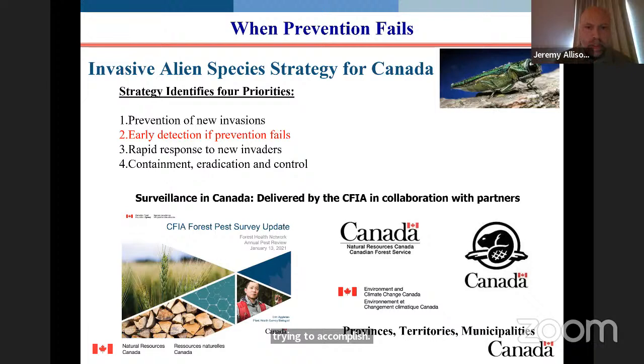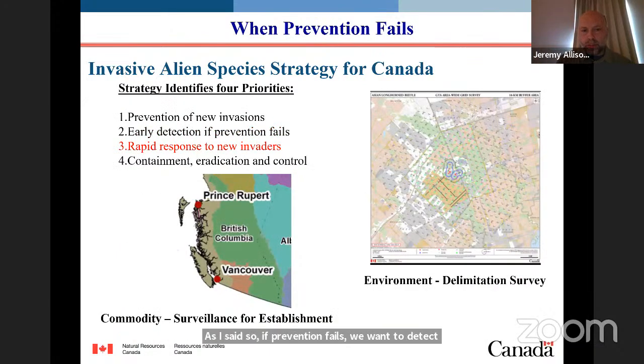Yep. Okay. So as I said, if prevention fails, we want to detect things as quickly as possible, and then have a rapid response to those invaders. If that detection happens around a port, for example, or on a commodity, then the CFIA is going to lead a surveillance to look for evidence of establishment in the area.